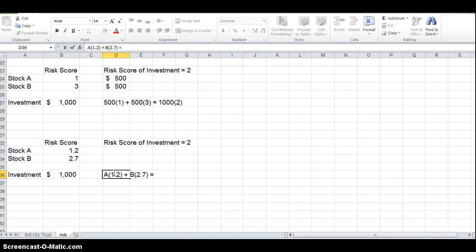What that's going to equal is our total investment times the risk score that we want the overall portfolio to have, 2. We're going to use that logic.